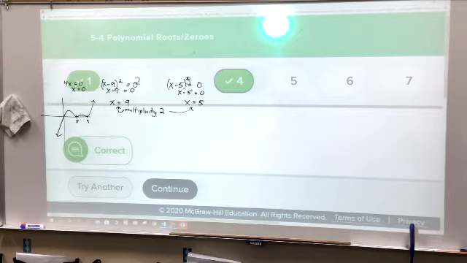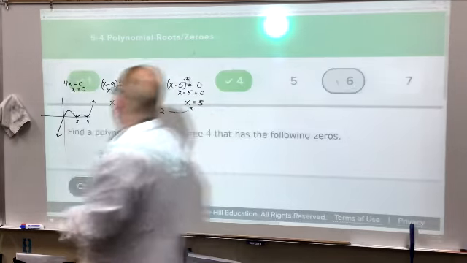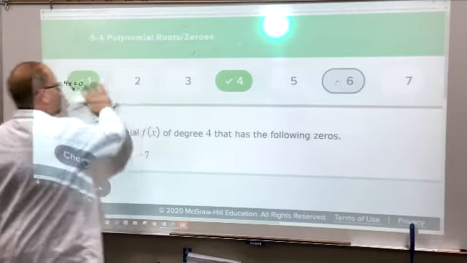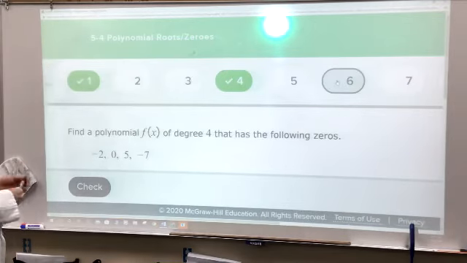Let's get you to finding zeros, finding a polynomial given the zeros. Number 7, 6. Find a polynomial with these zeros.